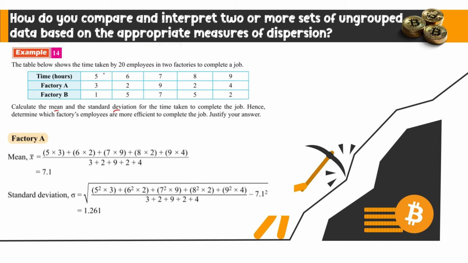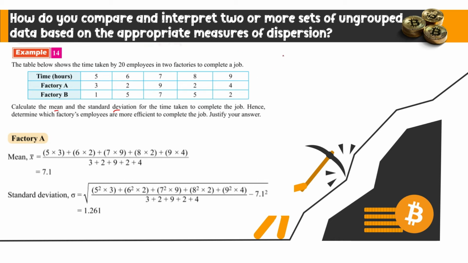So they start with the minimum value, which is 5 hours per person. So this one is 5 hours until 9 hours in a day to complete a job. So the mean for factory A, you look here. You multiply first.